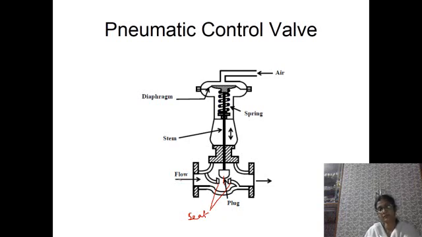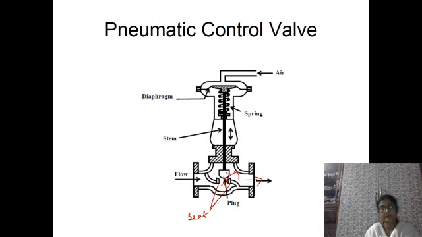So normal flow path within the valve is through this and then out through this. This is the normal flow path of the fluid.